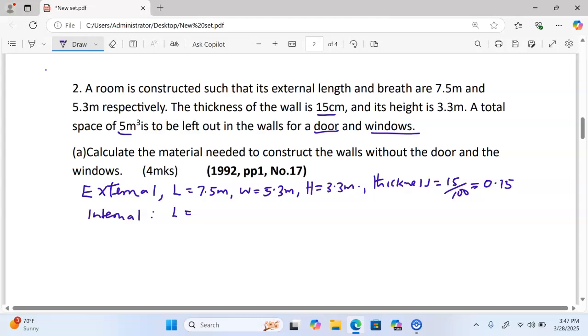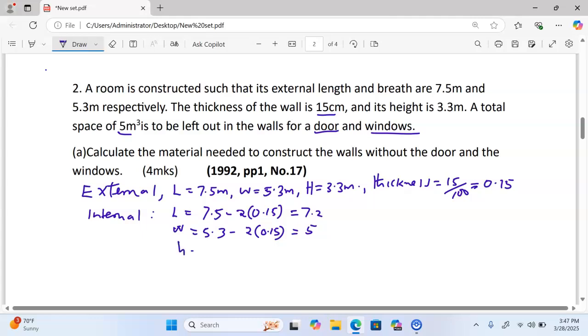In this case now, to get the internal measurements of the length, we take 7.5 minus, remember, we have the thickness on both ends, and therefore we are going to take 2 into 0.15, and this one will give us 7.2. Again, the width is going to be 5.3 minus twice into 0.15, and this one will give us 5.